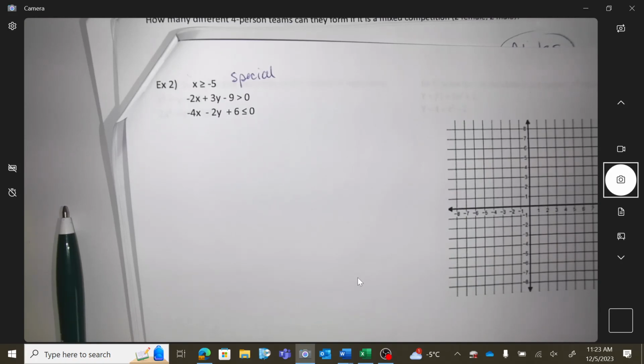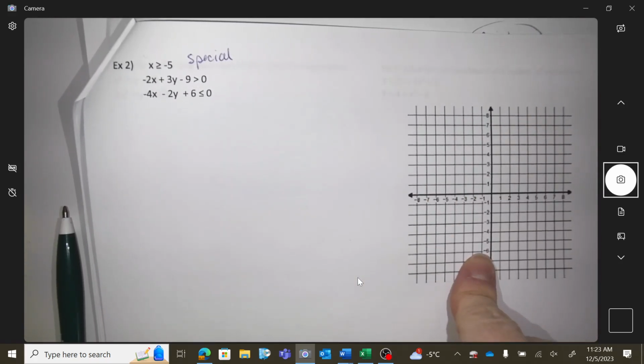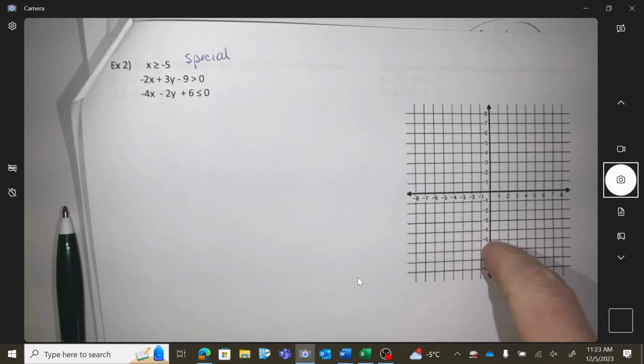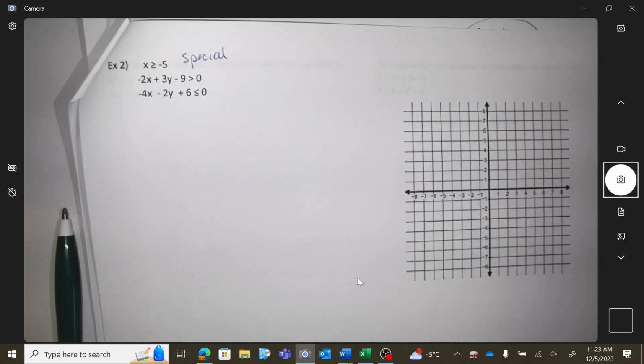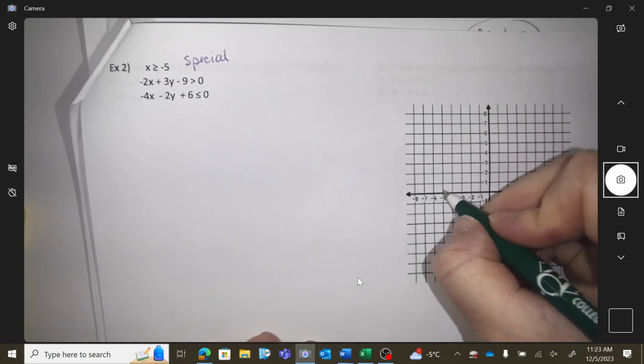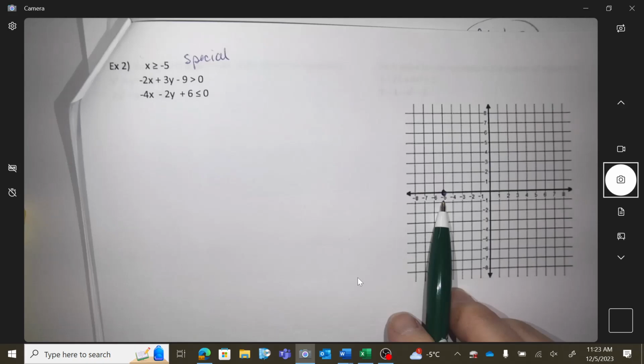Okay, so if you forget, here's what I want you to do. Can you put a coordinate anywhere on this paper that has an x value of negative 5? Go ahead. Put a coordinate somewhere with an x value of negative 5. So for instance, I could do that coordinate.